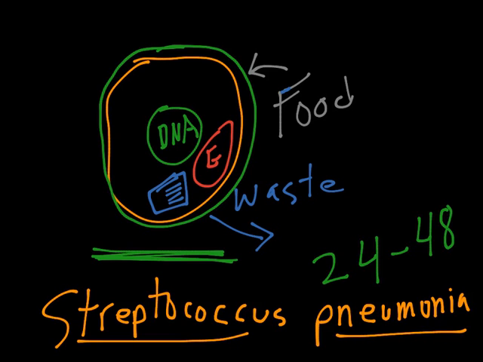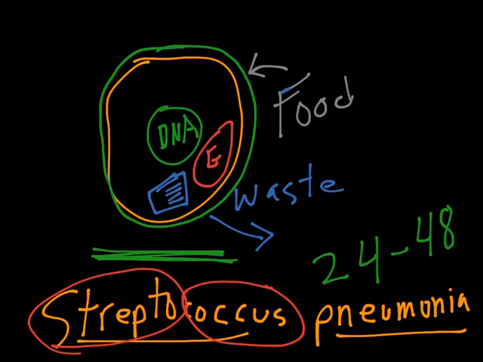And so you automatically should see that it's going to be round because it's coccus right here. And then the second thing is it's strepto, so it's a long chain.